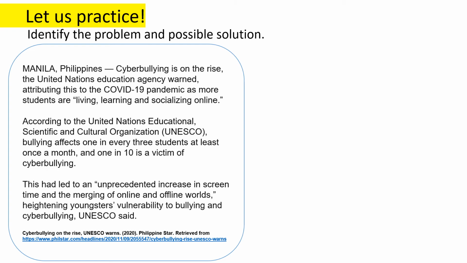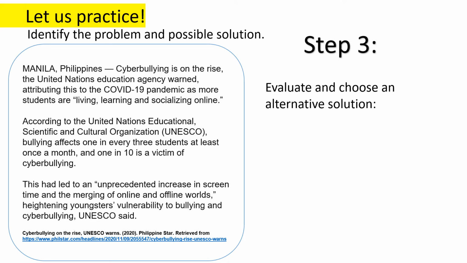After identifying the problem and proposing some solutions, the next step is to evaluate and choose an alternative solution. When we say choose, you have to choose the best possible solution. This solution must be doable, something that we can immediately do to prevent the increase of cyberbullying.